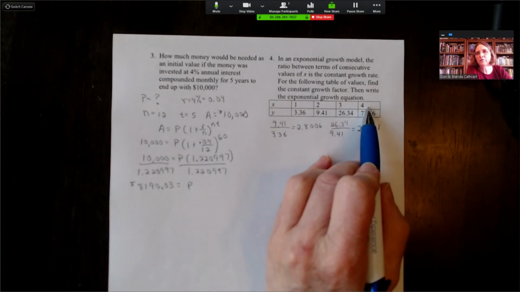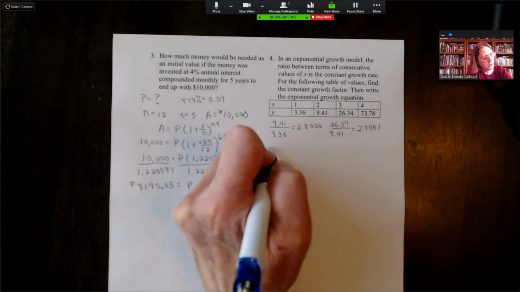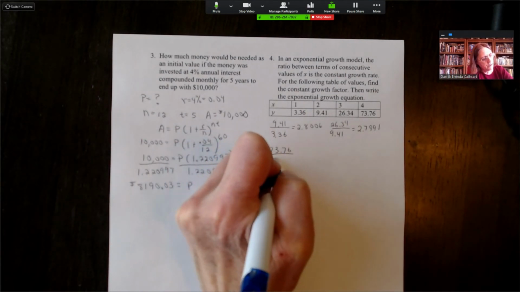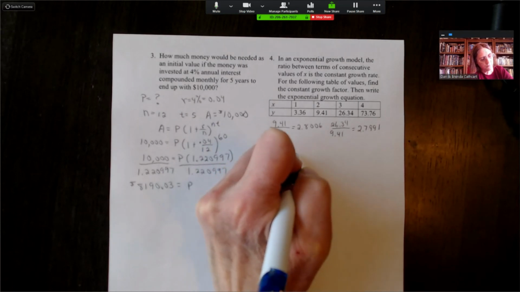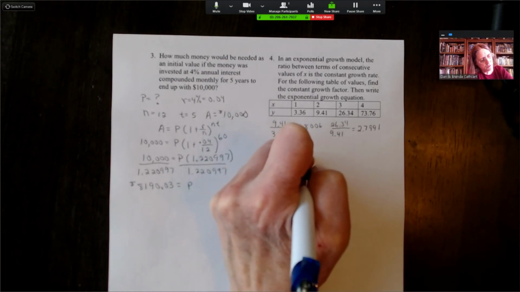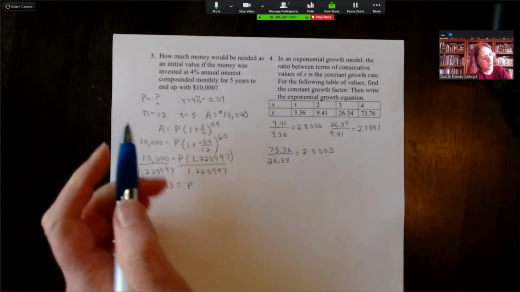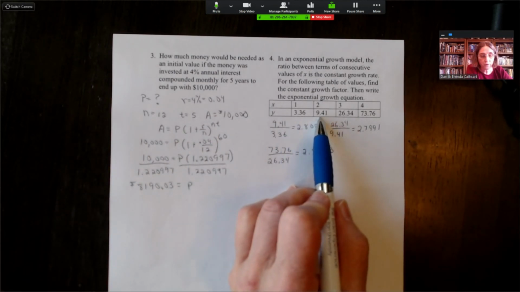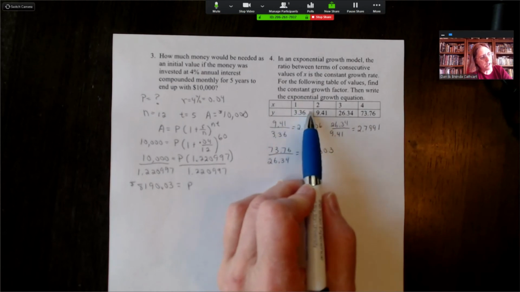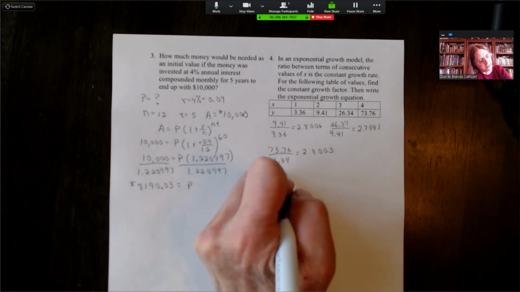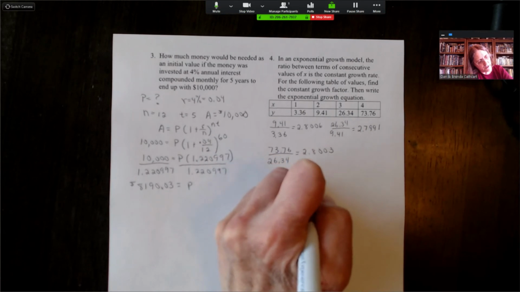Between the x values of 3 and 4, we have the ratio 73.76 divided by 26.34. That gives us 2.8003. If we round this to 3 digits, which is our accuracy that we have here, each one of these to 3 digits gives us 2.80.